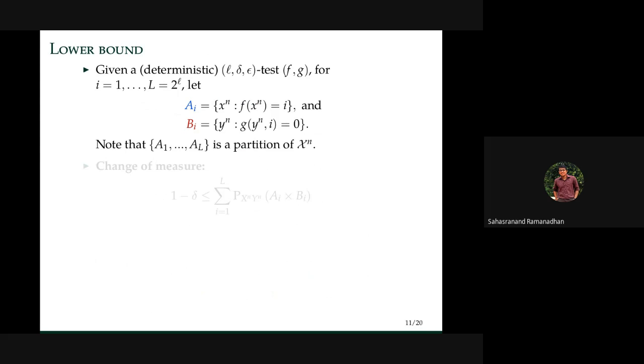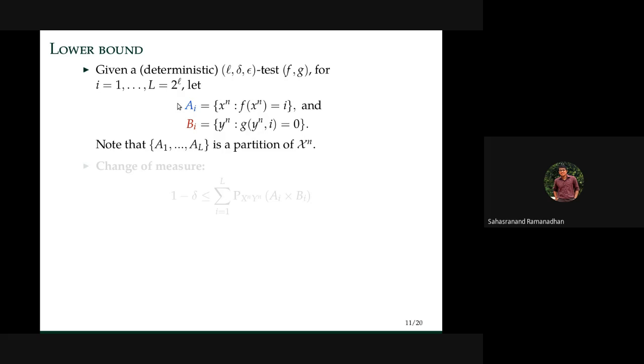Now for any L delta epsilon test, you can communicate L bits. These L bits can take 2 to the L values. Let me call those values 1 through capital L. I also define a set AI, which is the collection of all those observations for which party 1 sends the index I, and BI as the collection of all those observations yn for which party 2, upon receiving index I, declares h0.